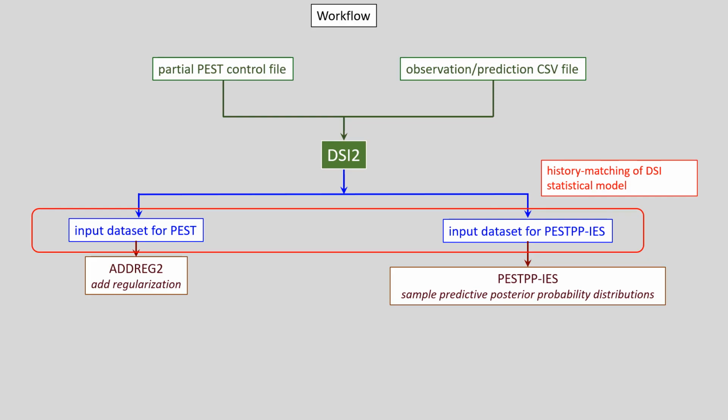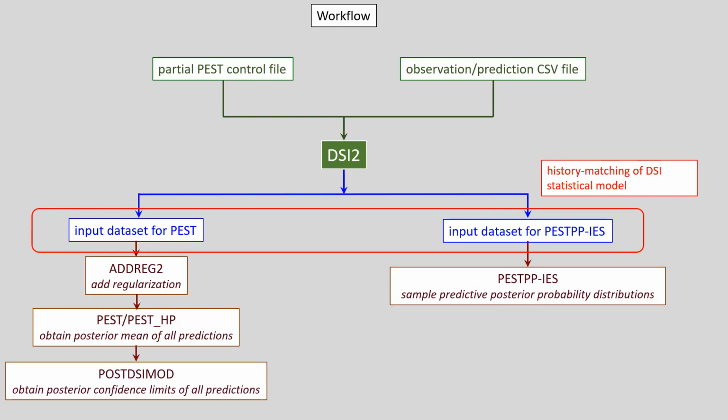First we add regularization, then we calibrate that model using PEST or PEST HP, and this gives us predictions which are the posterior mean values of model predictions. A little post processor, which we'll see in a moment, called post DSI mod, then calculates posterior confidence limits of all those predictions. So we have two paths available to us.